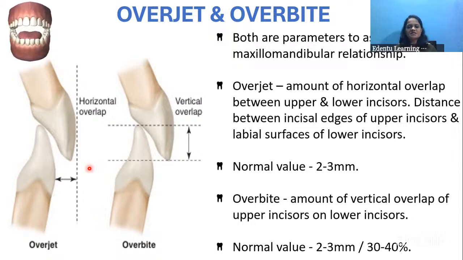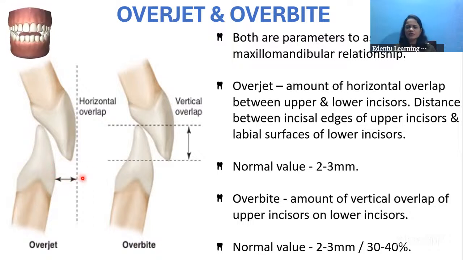Overjet is the amount of horizontal overlap. How much the upper incisal edge is overlapping the lower incisor labial surface, that is known as the horizontal overlap. So how much horizontal overlap is happening, that is the overjet.